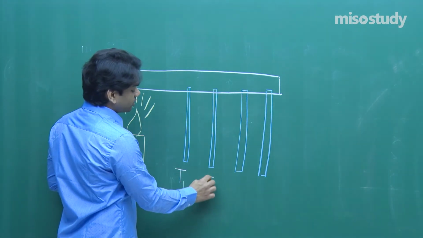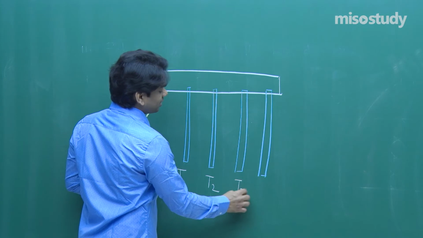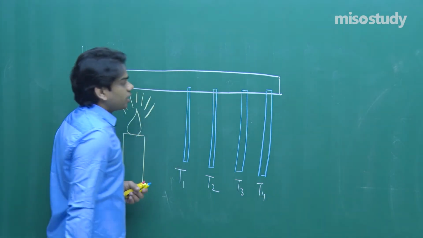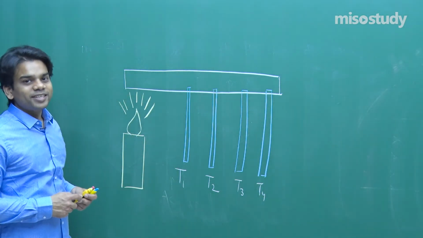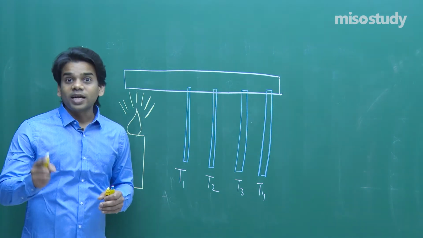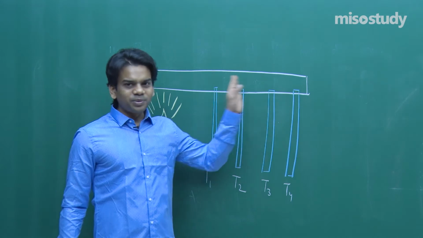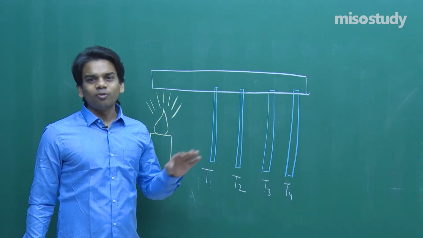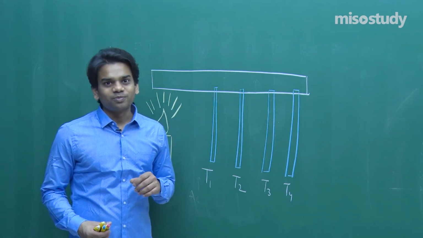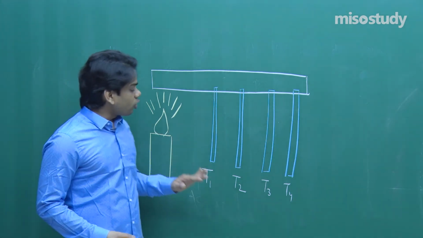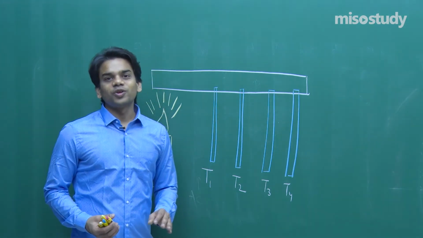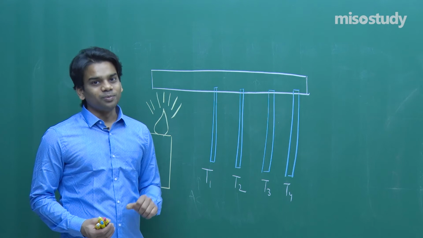Before starting heating from one of its ends, we will find that the entire temperature of the rod is uniform, at the normal room temperature. So all the thermometers are going to record the same temperature.